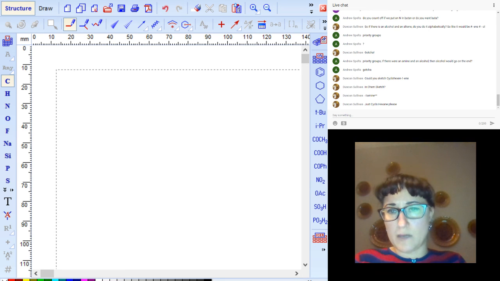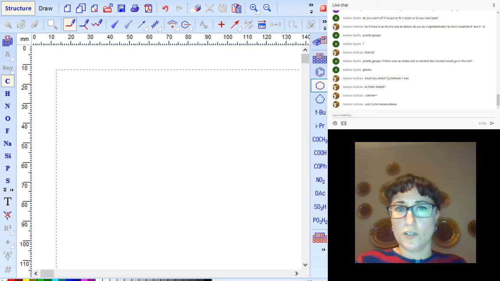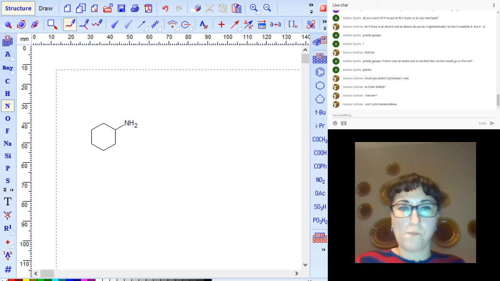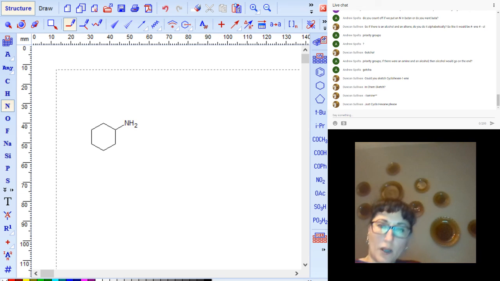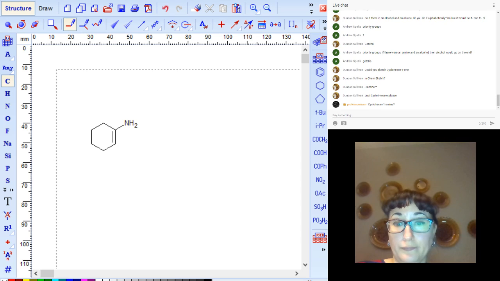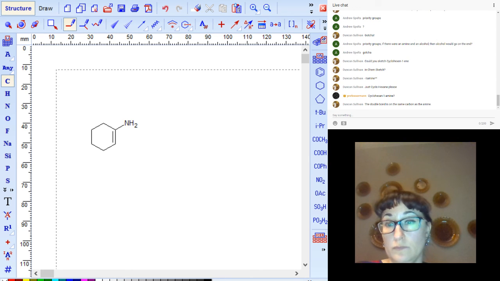And did you want the chair conformation? Well, here. I'll do it both. So, cyclohexane with an amine on it would look like that. Cyclohexene, one amine, if you wanted to get really exotic, would look like that. So cyclohexene, one amine, hex-1-ene, 1-amine.